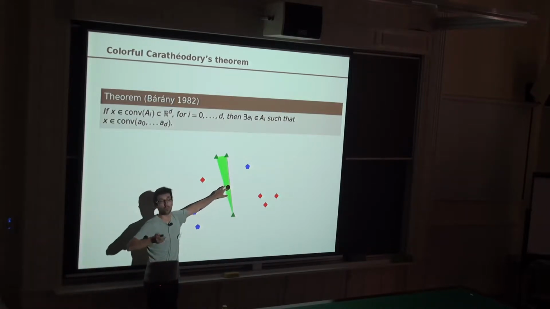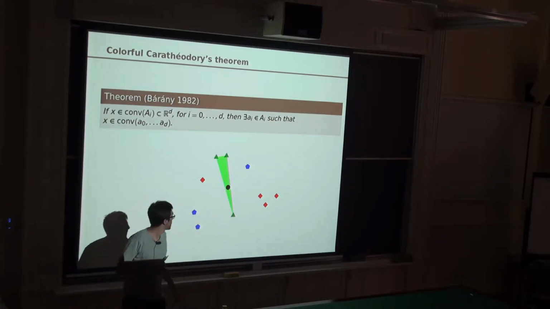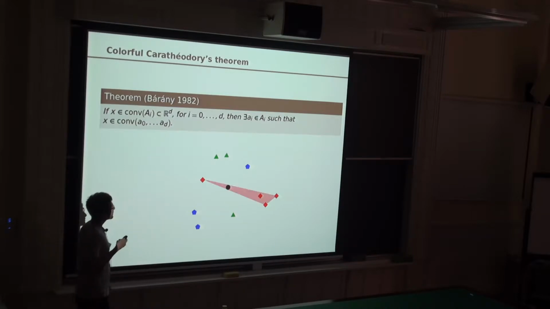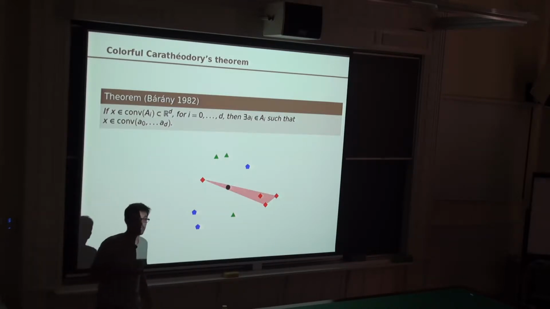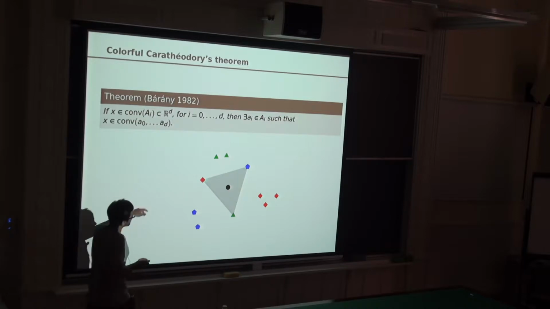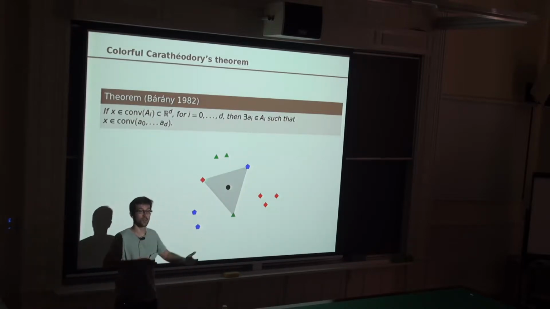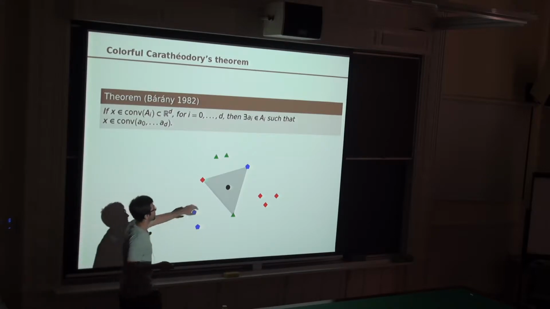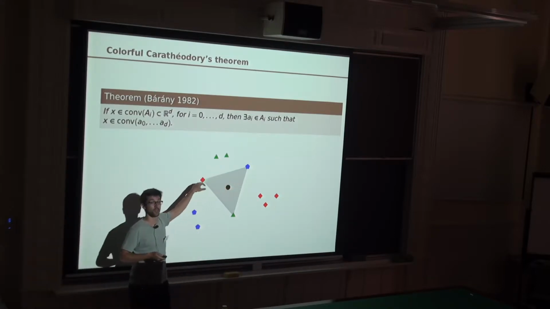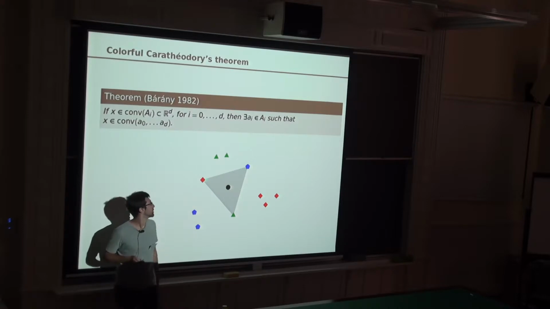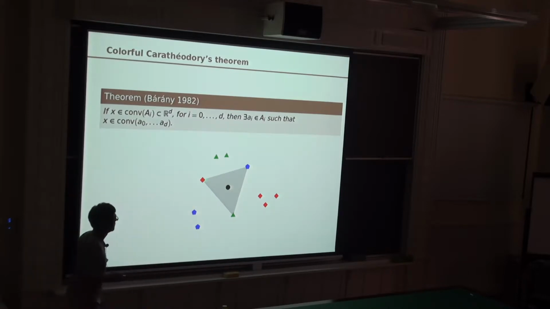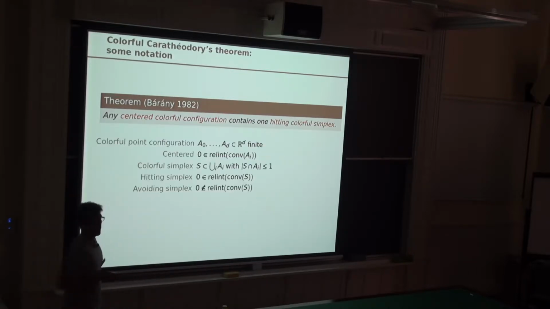So my point X will usually be assumed to be the origin. And then the colorful Carathéodory theorem says there is a way to pick one point from each color class in such a way that the origin is contained in the convex hull of this simplex. So this is the way I like to state the theorem.